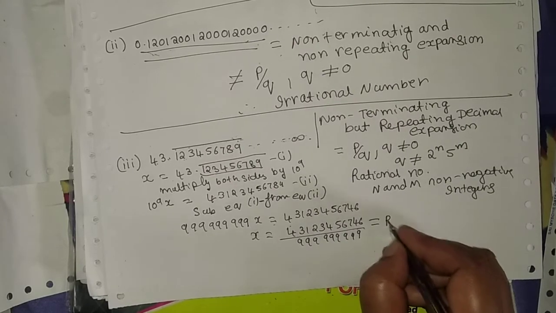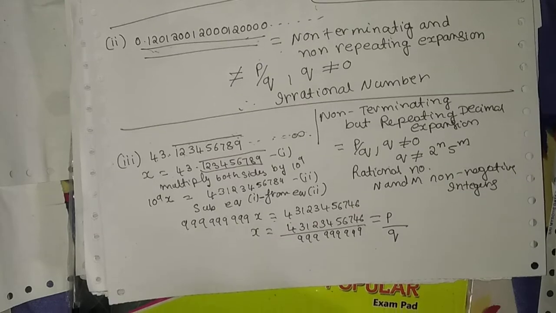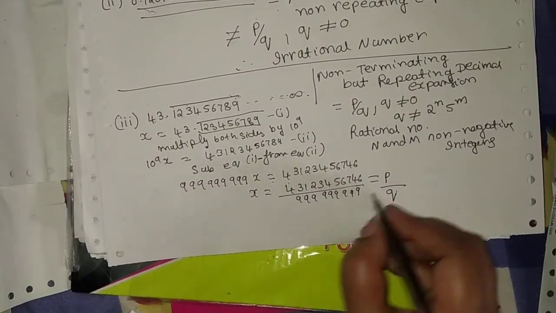So this is in the form P by Q. Therefore, this is a rational number.